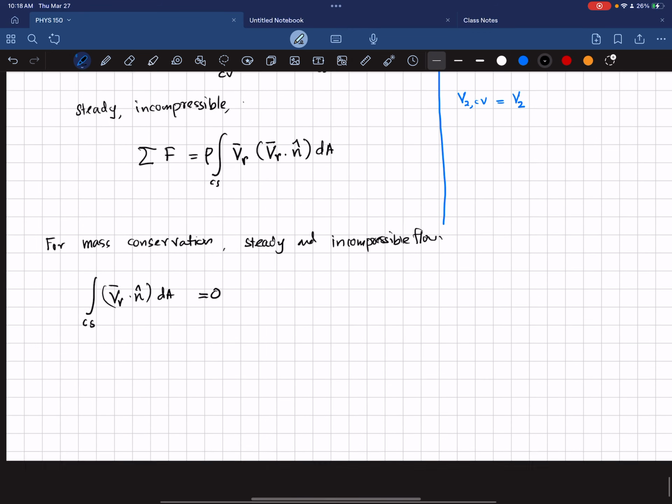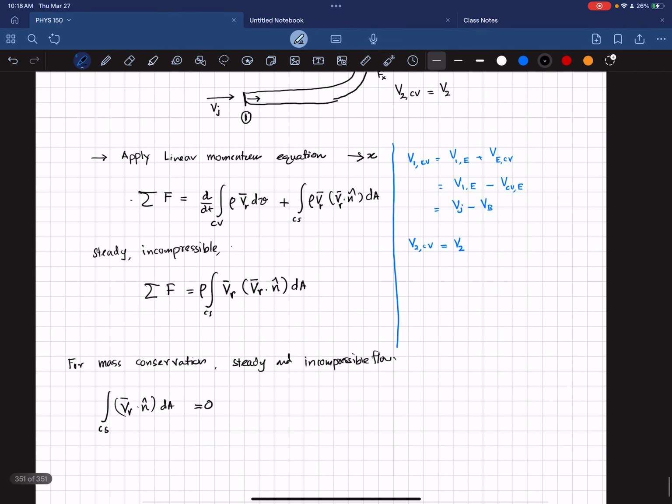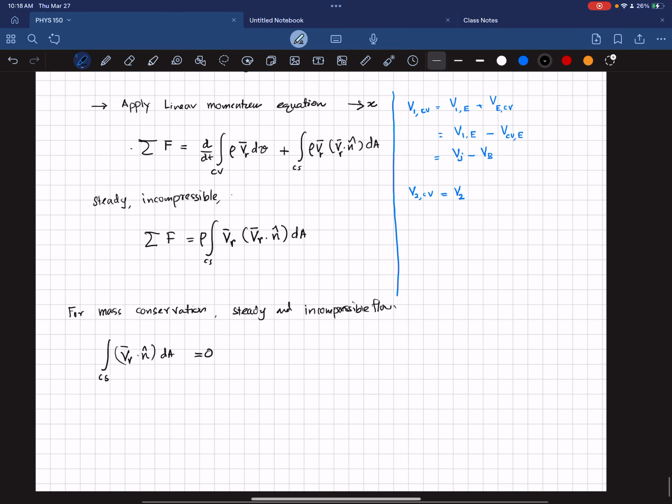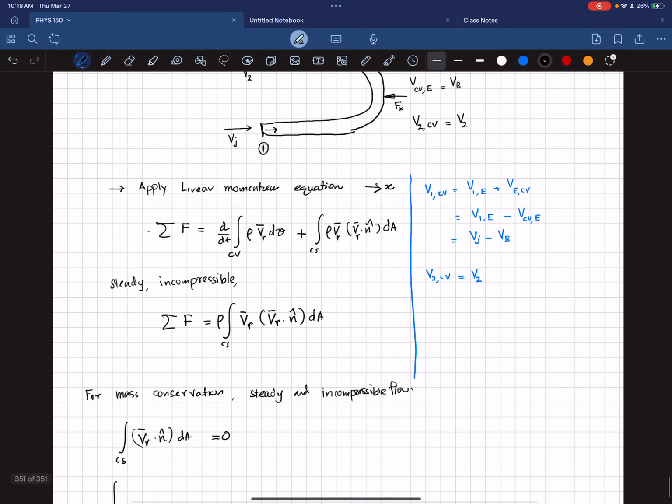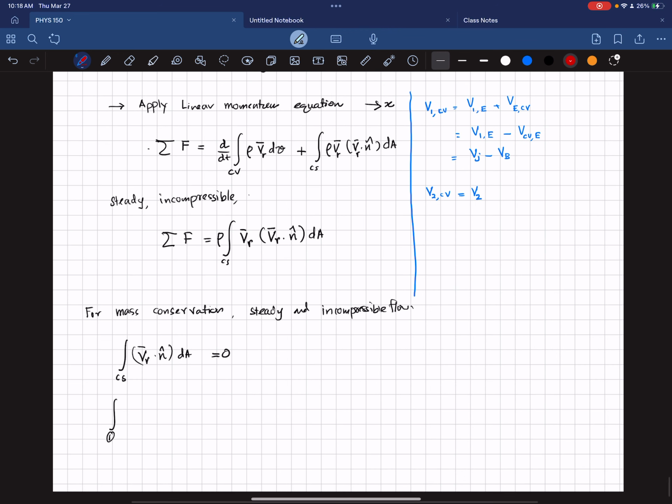So at cross section 1, VR is Vj, which is towards the control volume, but the normal vector is outwards on the control volume, right? We write the equations with respect to the control volume.